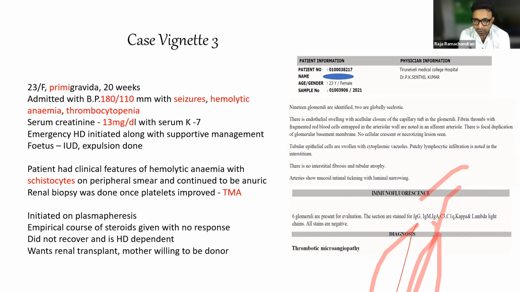So I run an aHUS registry, a pregnancy aHUS registry. We have about 150 patients of HUS. And what we found was genetic duplications in CFHR1 and 3 in our population. The deletion was very less. 80% had genetic mutations, of which 70% was genetic duplication in CFHR1 and 5.